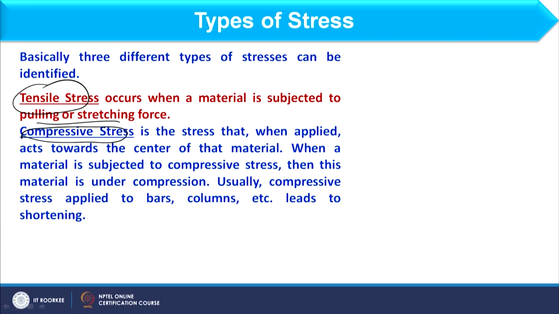The next stress is the compressive stress. Compressive stress basically works towards the center, because I am compressing from here as well as from here. I can compress from both sides, or maybe one side is fixed and from the other side I am pushing it.